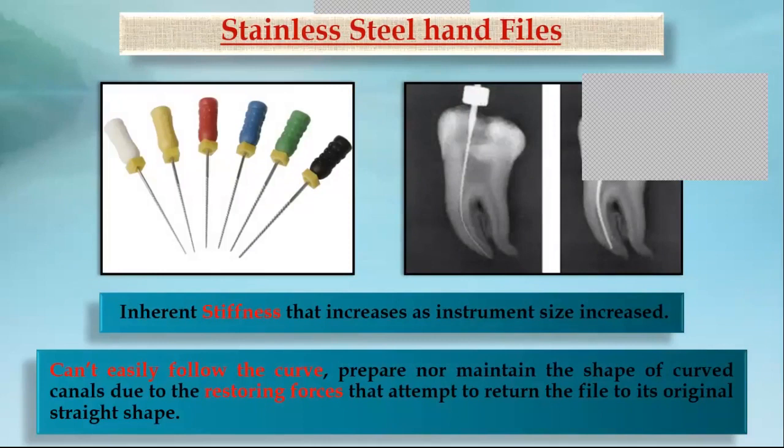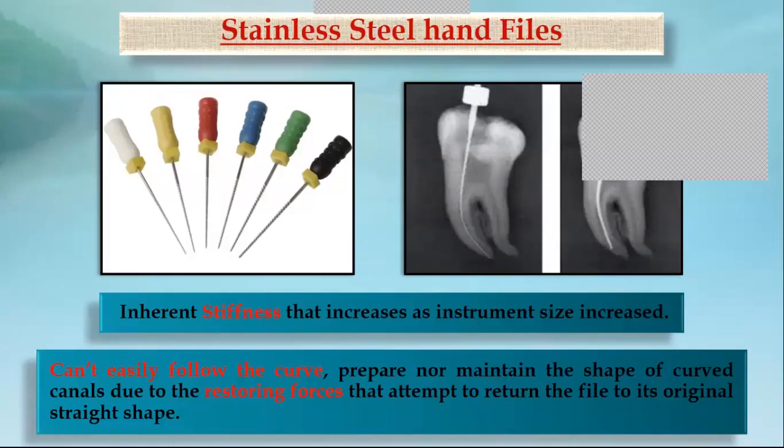The large sizes of these files can't easily follow the normal curve of the root canal and can't maintain it throughout the preparation due to the restoring forces that attempt to return these files back to their straight original shape, leading to many procedural errors like ledge formation and apical transportation.